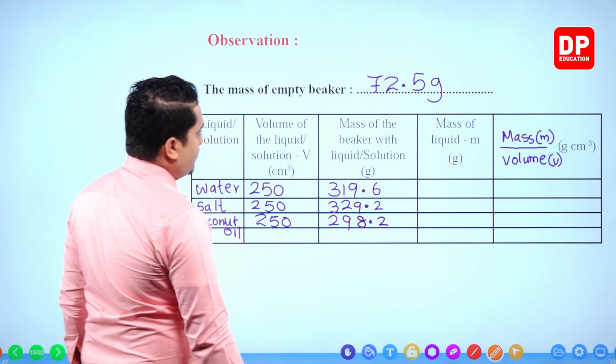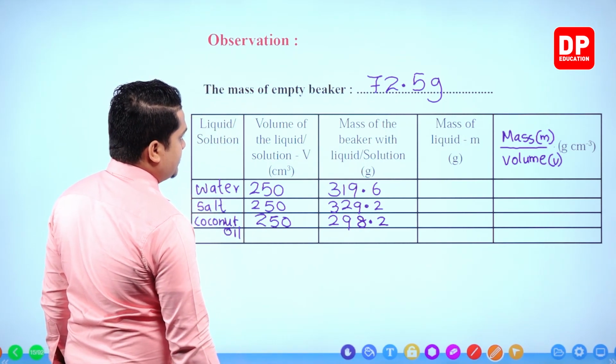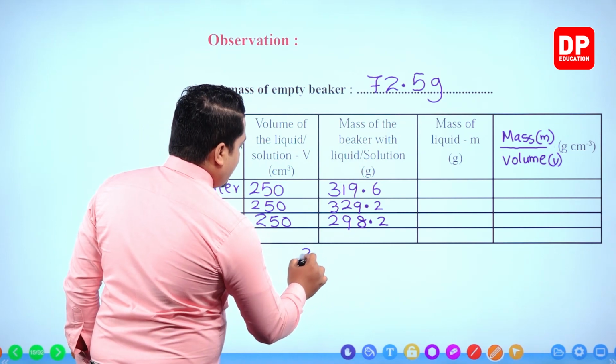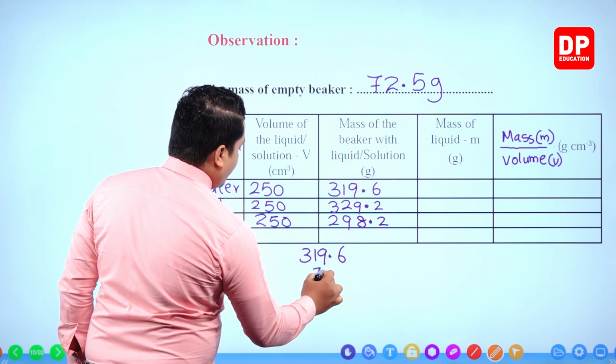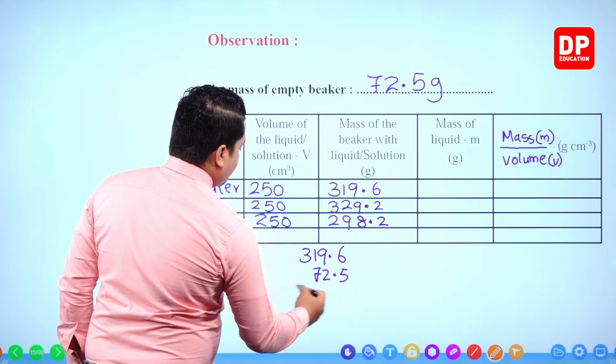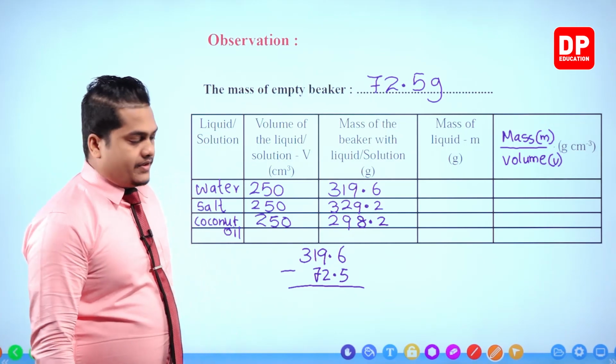Then the mass of the liquid, my dear children. To find the mass of the liquid in the first instance, what do we have to do? You take 319.6 and subtract 72.5.